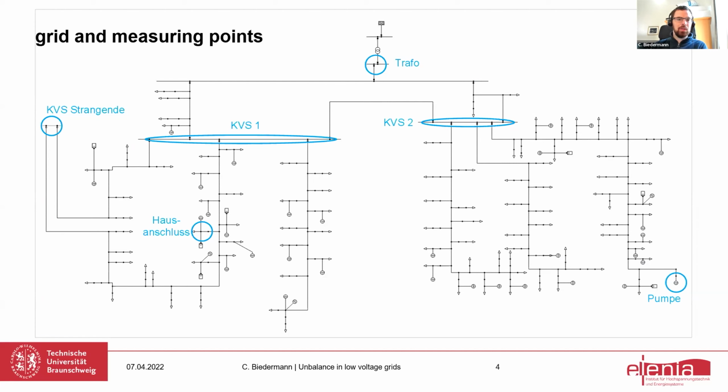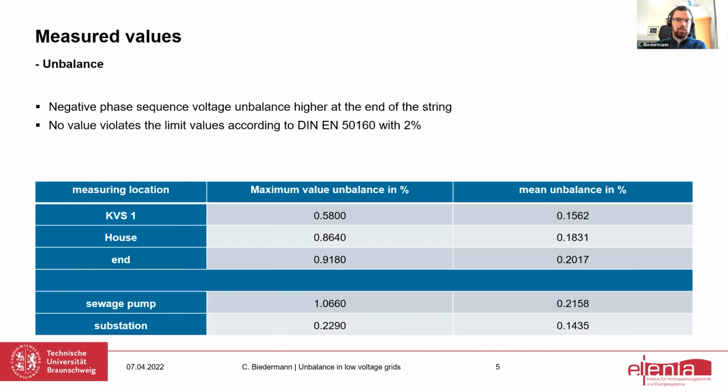On the left, the grid just ends, so there's no more cable cabinet. We also measured in one household, and when you look closely, you see the photovoltaic as well. So we just concentrate today on the unbalance.